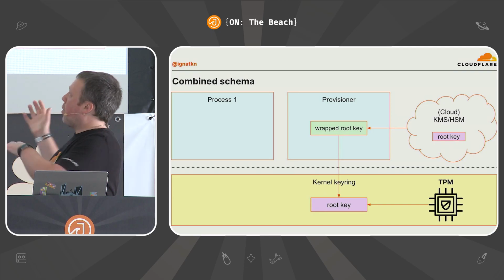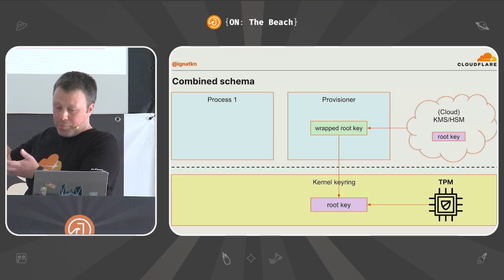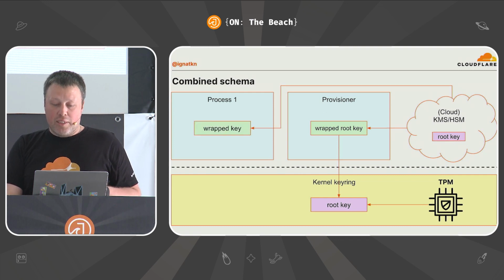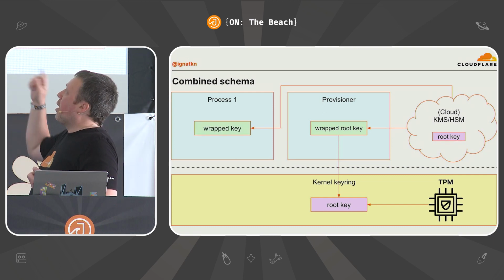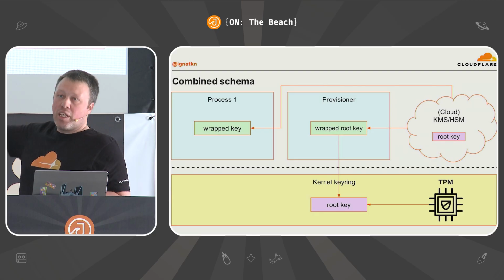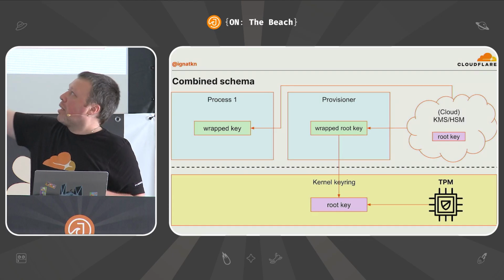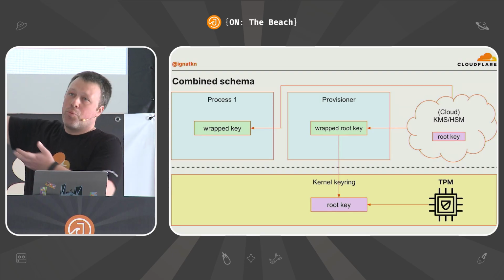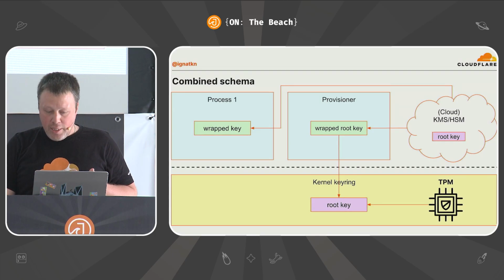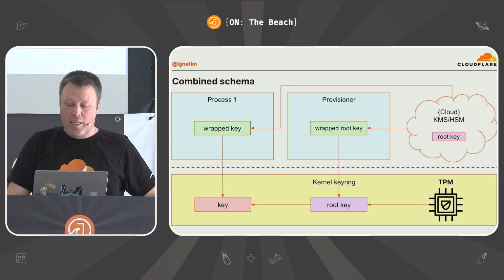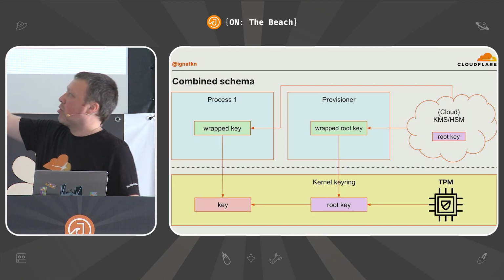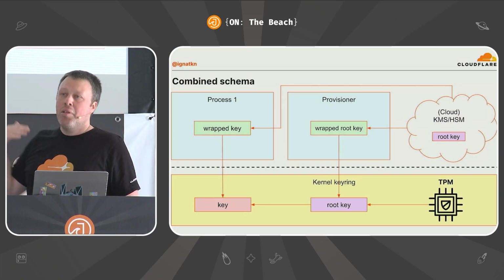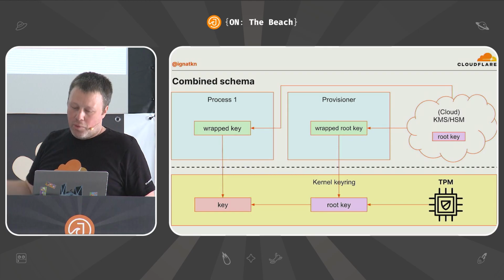It will get unwrapped inside the kernel keyring with the TPM only once. And then you use encrypted keys. All the other keys are encrypted with this root key, which is now a software key. The HSM can distribute these wrapped blobs to applications, and these applications can insert the key inside the kernel, and it will be decrypted by the root key. So you need to touch the TPM only once, and then you can provision other keys using this software key.